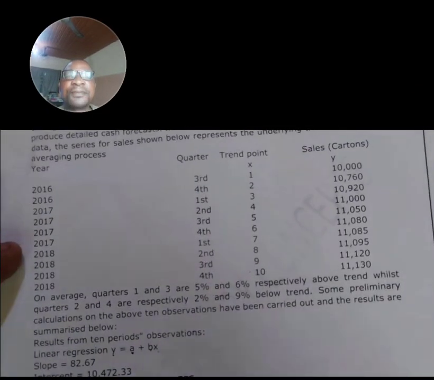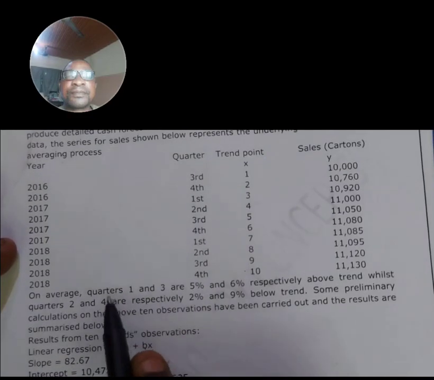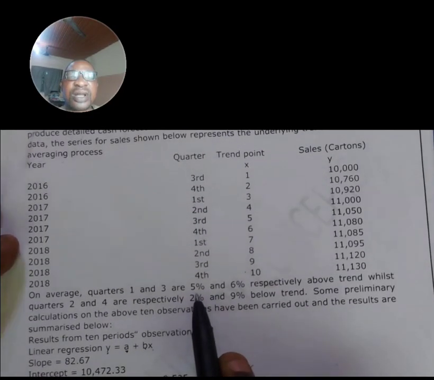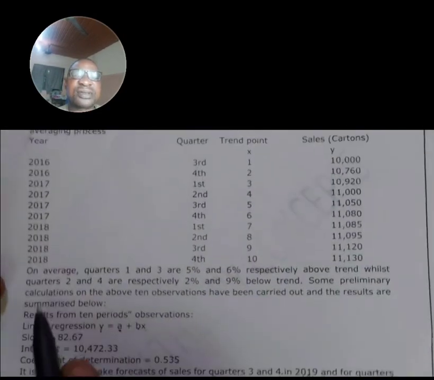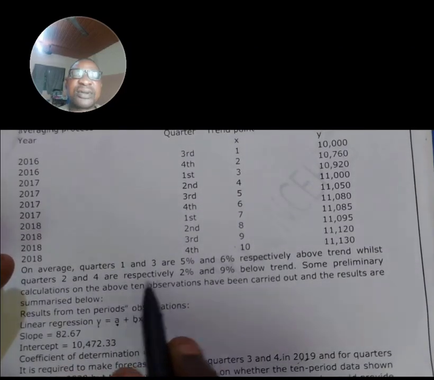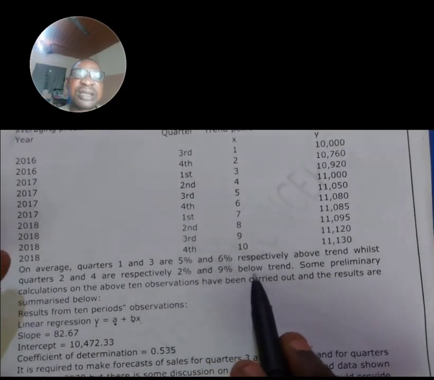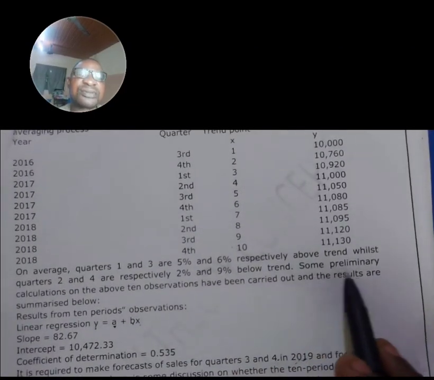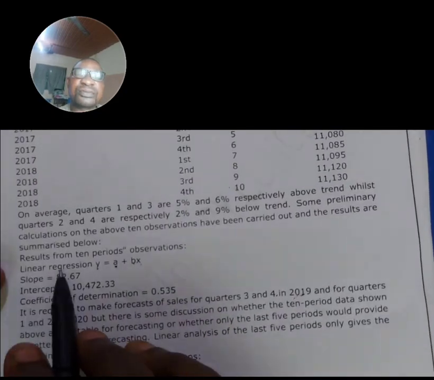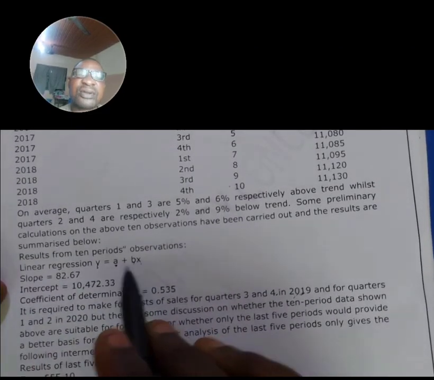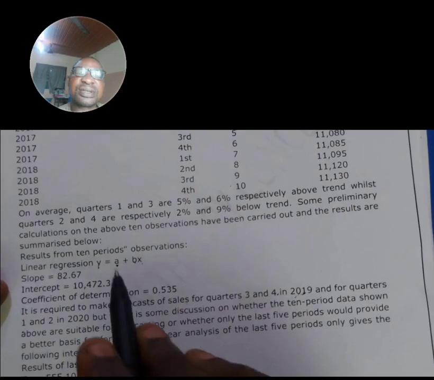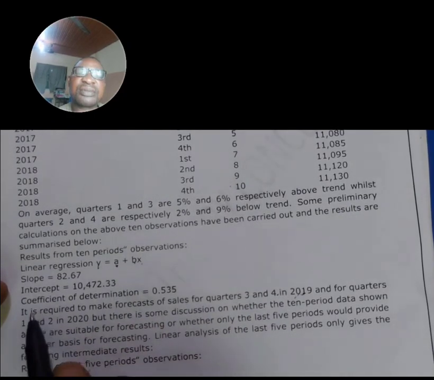We are also told that on average, quarters 1 and 3 are 5% and 6% respectively above the trend, and quarters 2 and 4 are respectively 2% and 9% below the trend. Some preliminary calculations have been given. You have been given the linear regression line: the slope, the value of B, has been given, and the intercept, the value of A, has been given.